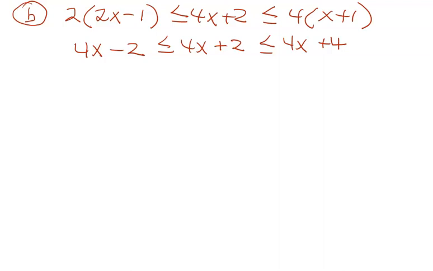Now, again, this looks a little strange because notice as we subtract out 4x, we get -2 is less than or equal to 2 is less than or equal to 4, which is a true statement, but we don't have variables anymore.